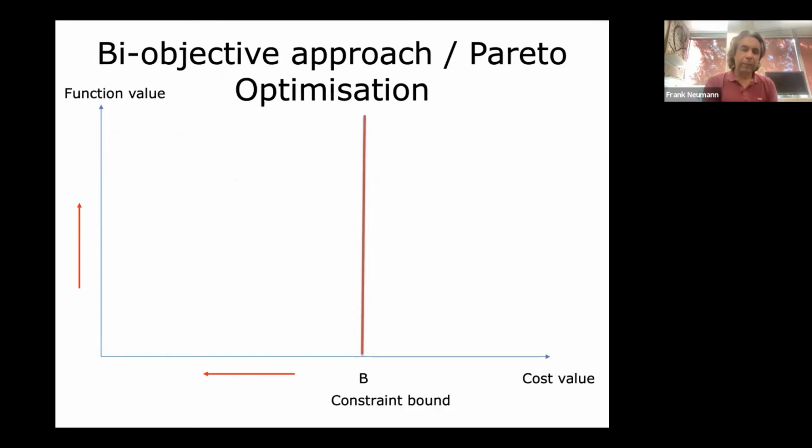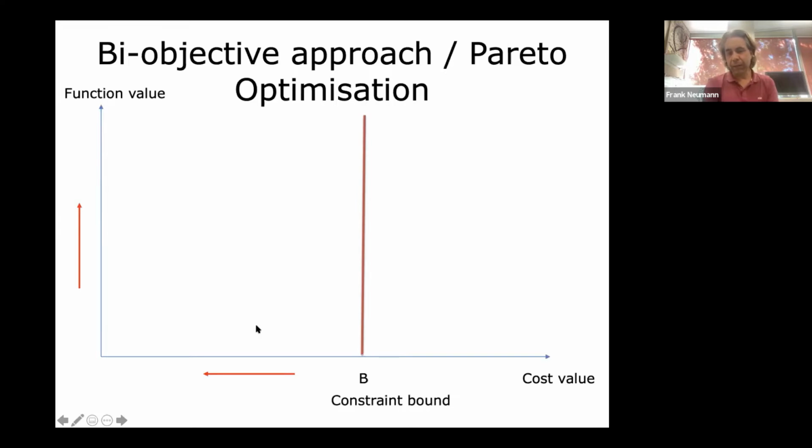Okay, so most of the approaches that you see there in the evolutionary computation literature, they work with a bi-objective approach, meaning you formulate your problem as a multi-objective optimization problem. So the first thing is always, okay, I would like to maximize my function value. So that's the submodular function that you're looking at.